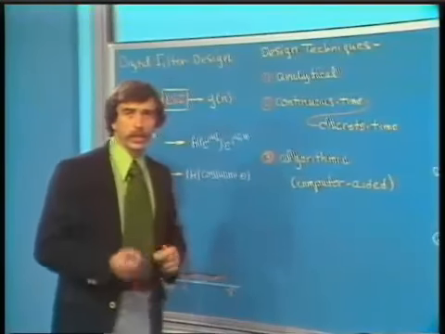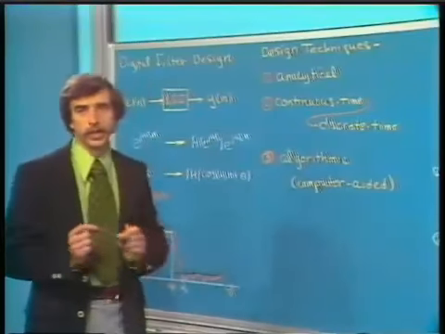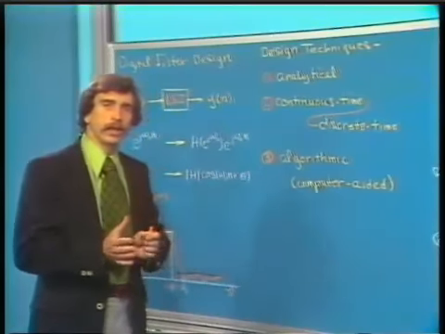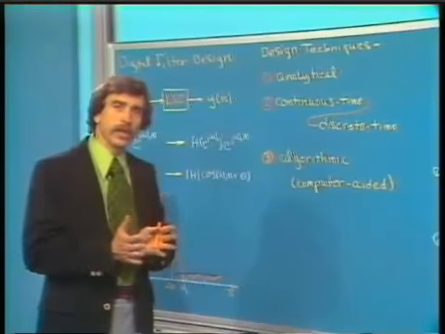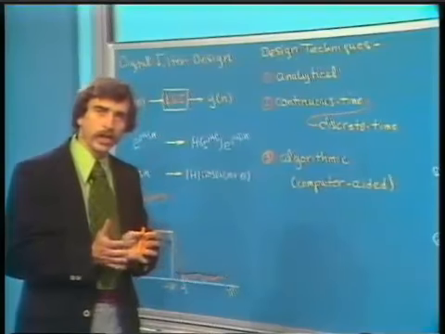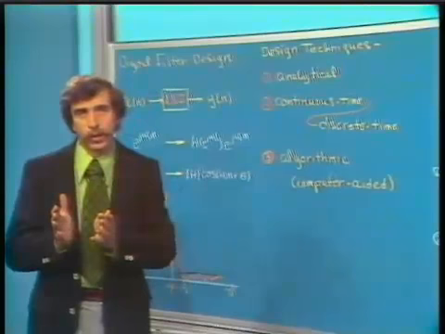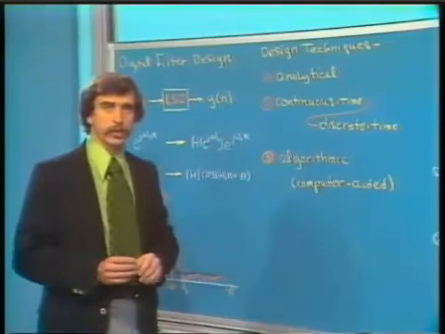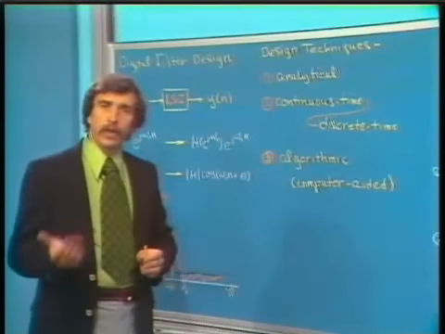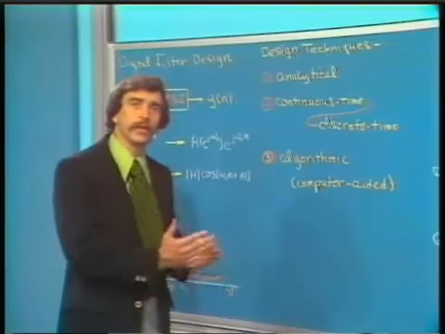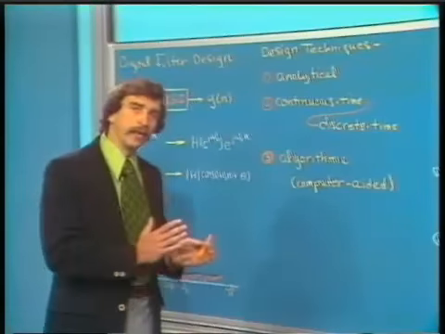Now, on the issue of infinite impulse response and finite impulse response, it turns out that it's convenient to separate the design issues for infinite impulse response and for finite impulse response filters. There are techniques for the finite impulse response case that are not applicable to the infinite impulse response case, and vice versa.